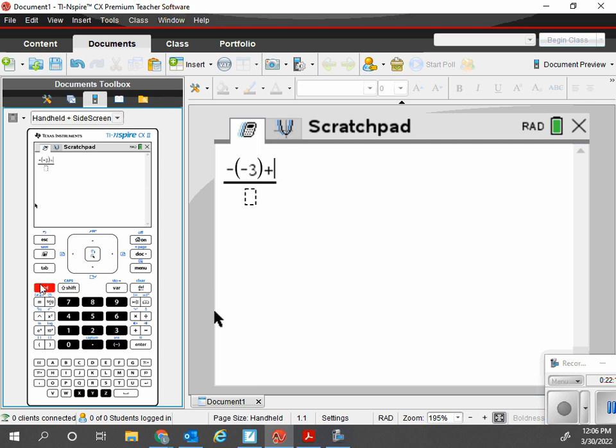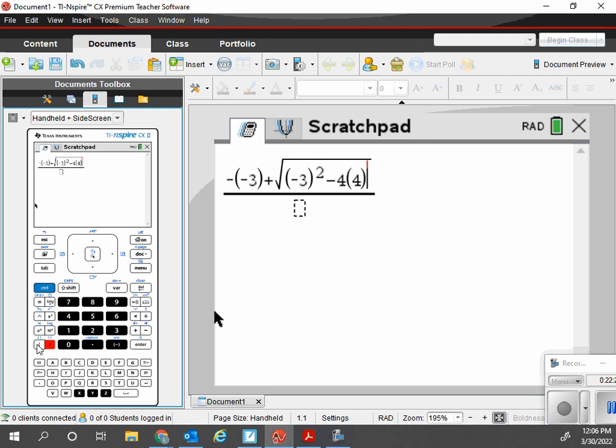But then we have our square root symbol. And then -3 in parentheses, then you square it, minus 4ac, over 2.